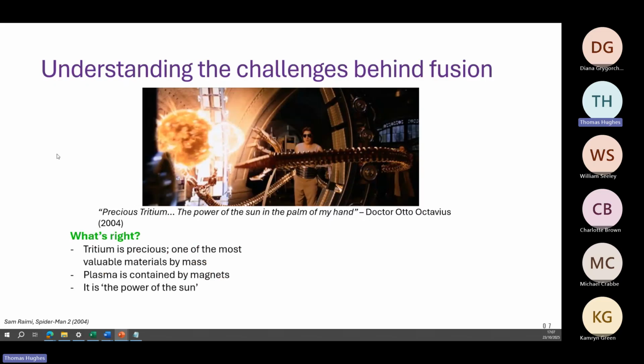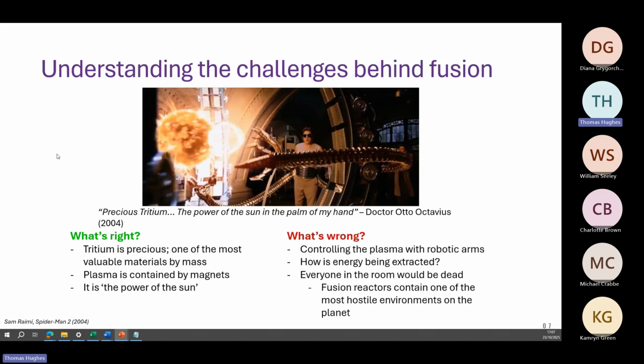My take on it was tritium is precious. It is one of the most valuable materials by mass. Plasma is contained by what looks like magnets, highly inverted commas, and it is the power of the sun. And what's wrong? You can't really control it with robot arms, although robots can be involved in fusion reactors. How we get energy out of this, and everyone in the room would be dead.